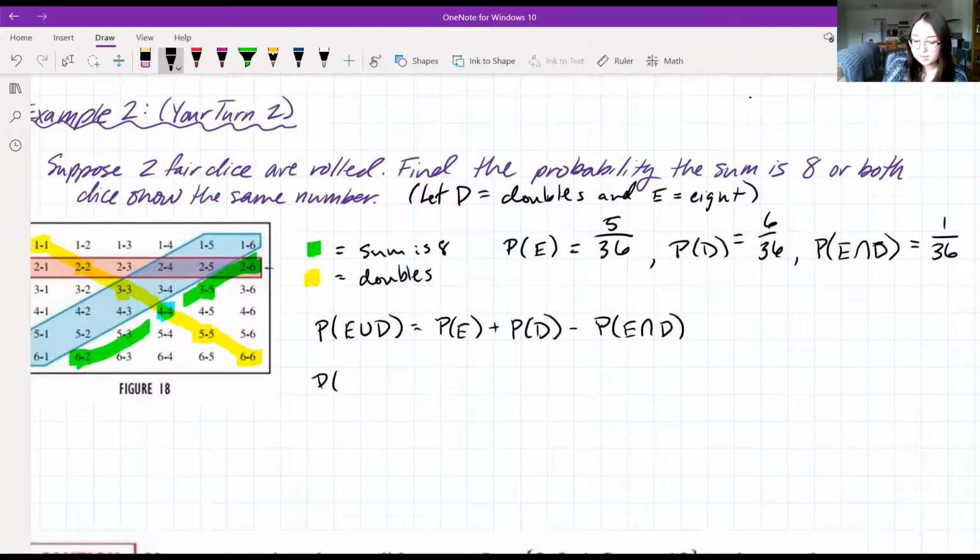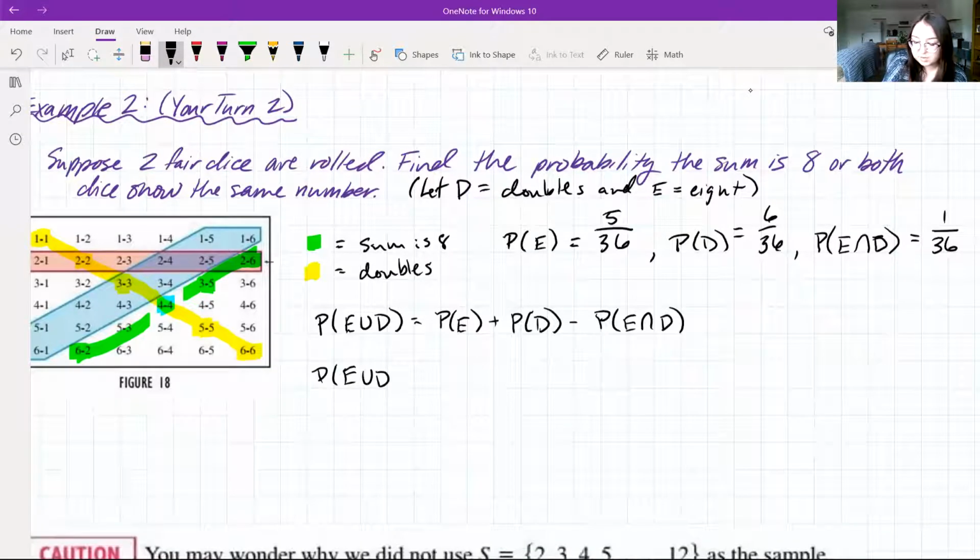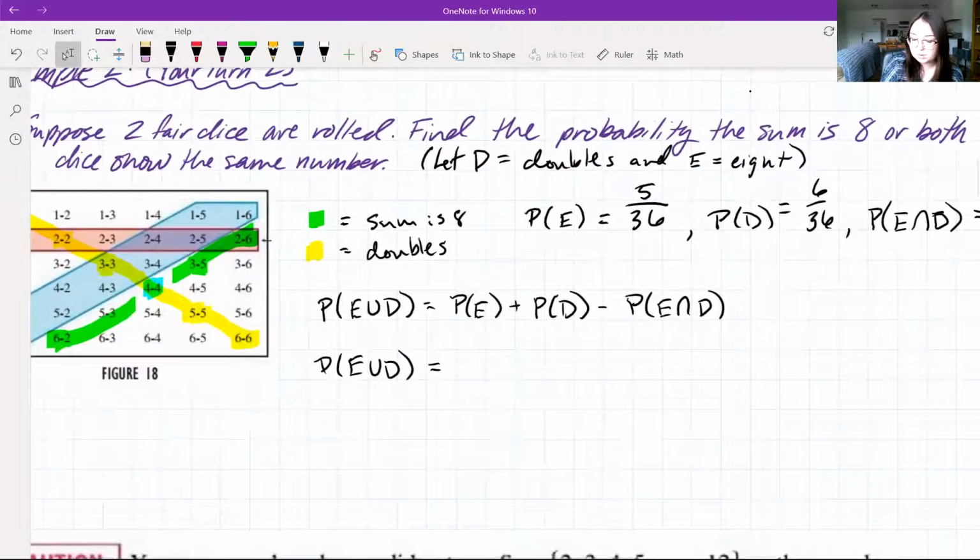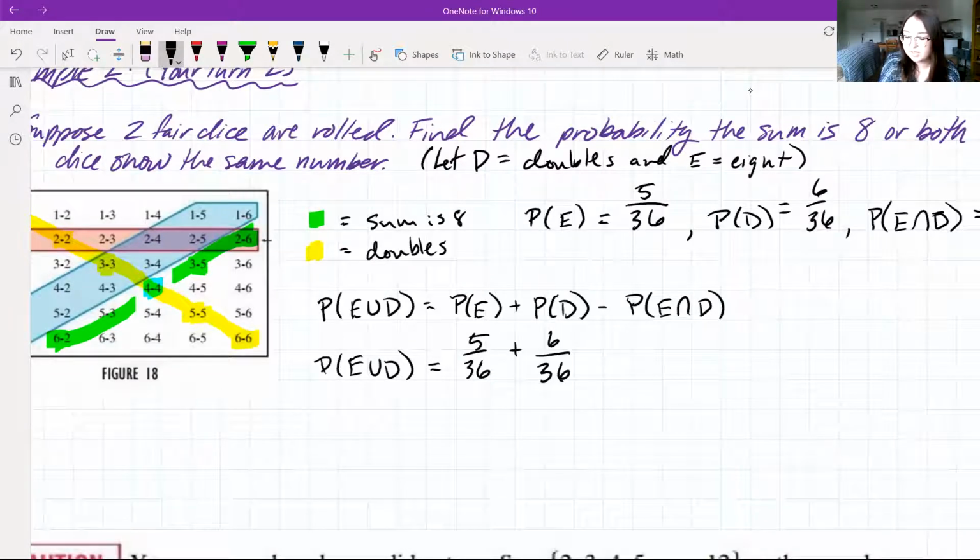So let's plug everything in because we have all of these values. We have the probability of E, which we know is 5 divided by 36, plus our probability of D, which is 6 over 36, minus our probability of E intersect D, or the element that they both contain. So minus 1 over 36.